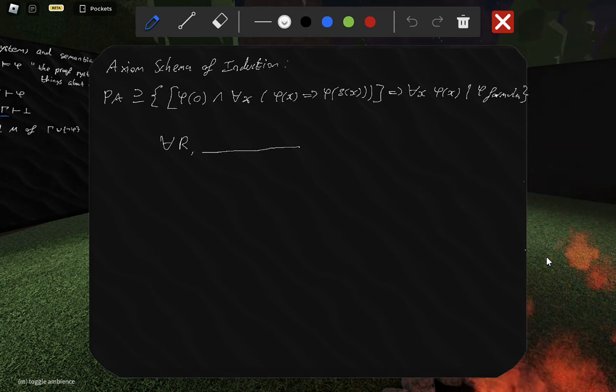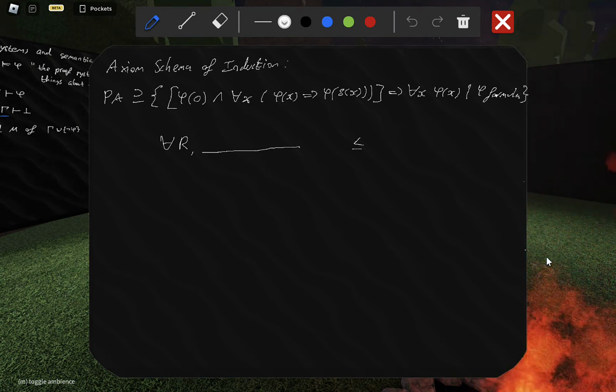They're positing it as the second order theory in the language that also has less than or equal to, but we can construct less than or equal to with plus and successor. We can make a formula out of that.